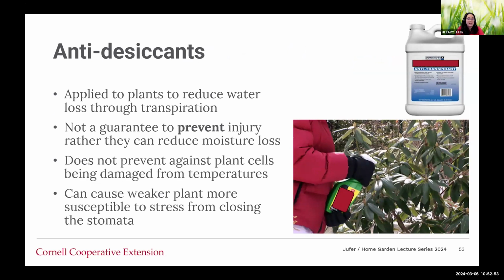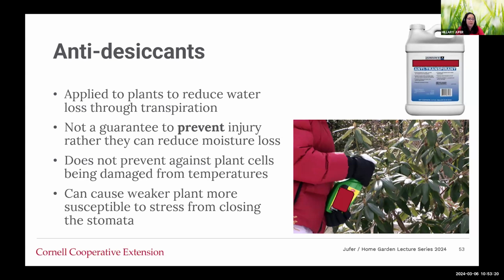It is not a guarantee to prevent injury. Rather, it's going to reduce the moisture lost, and it does not protect against plant cells being damaged from temperatures. Tests indicate they are most useful when the air temperature is above freezing, but the soils are still frozen or cold.